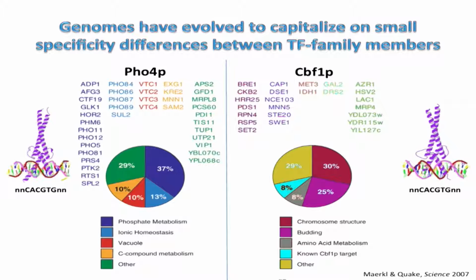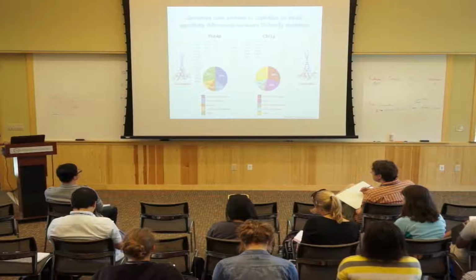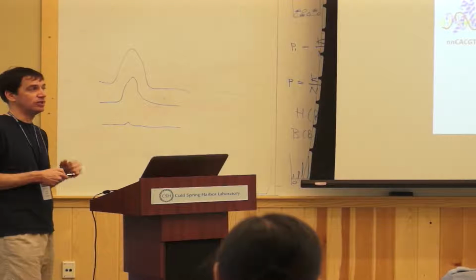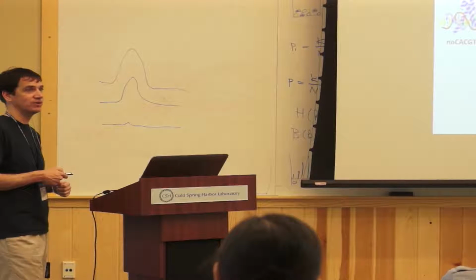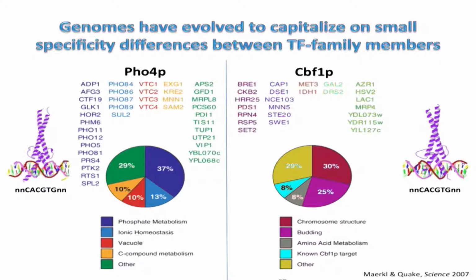So the take-home message here is that small quantitative differences in specificity lead to very large qualitative differences in gene regulation. So let me say that again. Small differences in specificity lead to very big differences in gene regulation.